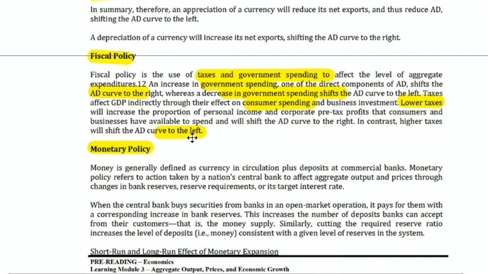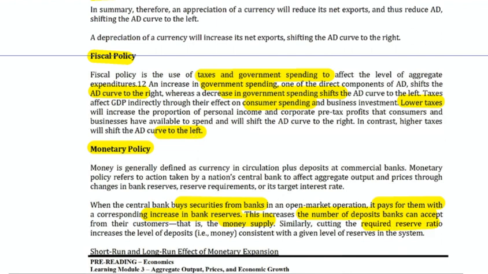Monetary policy refers to the actions that the central bank, the Federal Reserve, takes, and changes things like the reserve requirement that banks are required to hold, target interest rates, etc. When the central bank buys securities from banks, it pays for them with an increase in bank reserves, and that will increase the number of deposits the bank can accept, and the money supply is then improved.